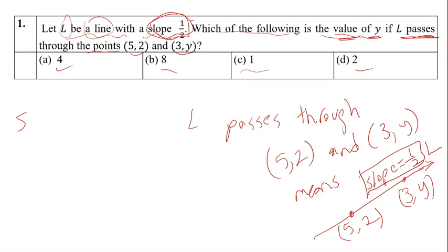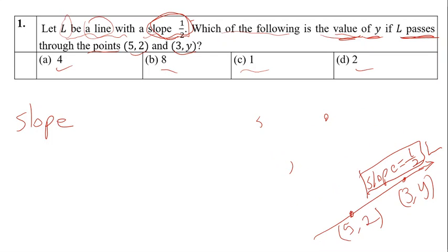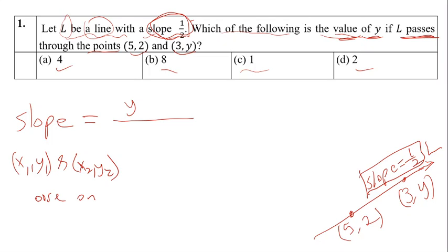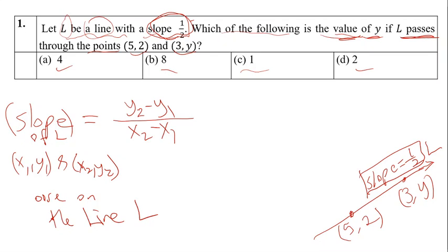So remember the slope formula. If 2 points on the line are given, like let's say (x1, y1) and (x2, y2) are on the line L, then the slope of L can be calculated as y2 minus y1 over x2 minus x1, or you can use the other order: y1 minus y2 over x1 minus x2.